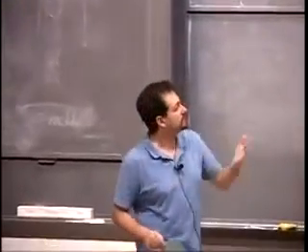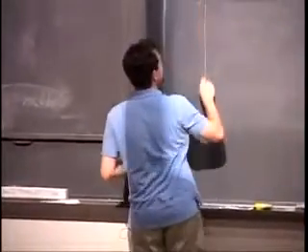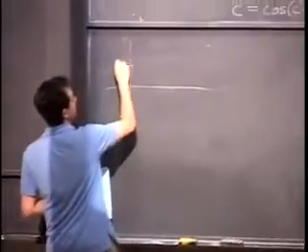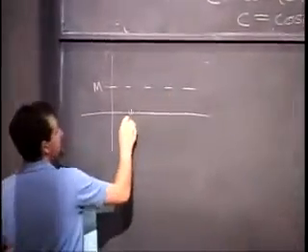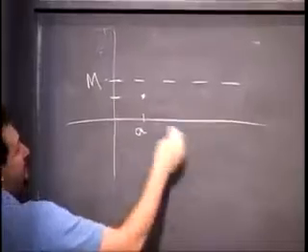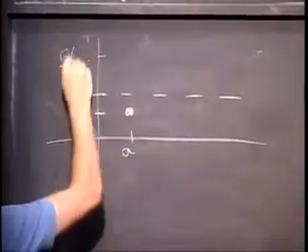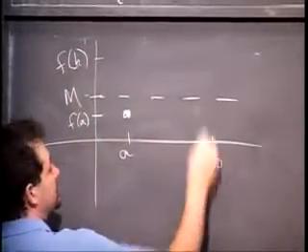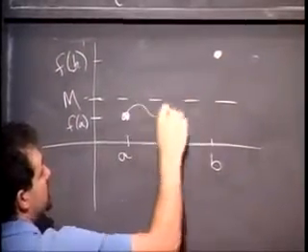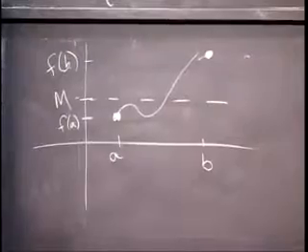Right? 0 is not particularly important. You can replace it by m. So, for example, if f of a is less than m, and f of b is bigger than m, then you're guaranteed to hit height m.